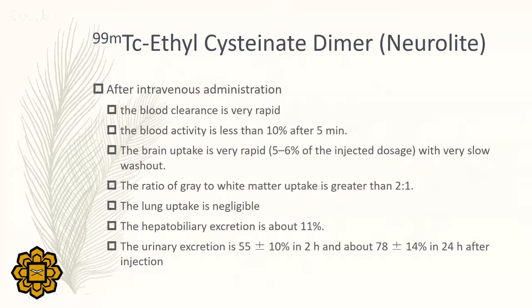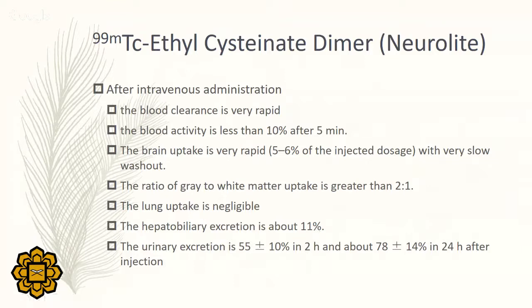As this is IV administration, you know it goes to the lung and so on. But the lung uptake of this particular drug is negligible, a very, very low amount, so it can be neglected. About the hepatobiliary excretion, due to the liver, it's about 11%.